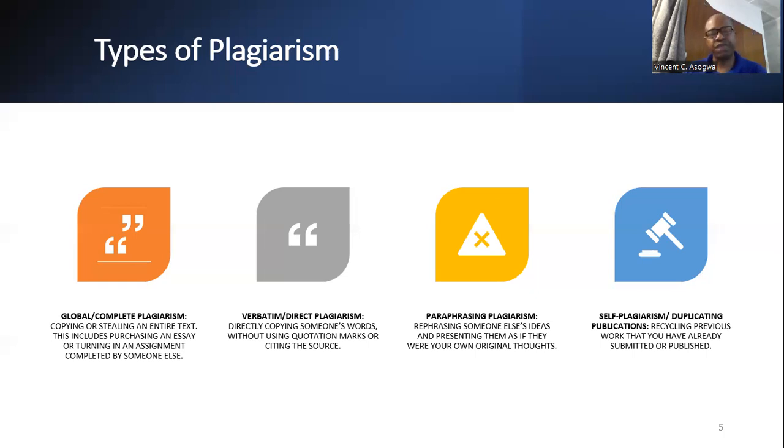from that author. The third one is paraphrasing plagiarism. That's a situation where one rephrases someone else's idea and presents it as if it were one's own original thought. You remember paraphrasing. An example: one can say, for lecturers to be relevant in this 21st century, they need capacity building on interneting.